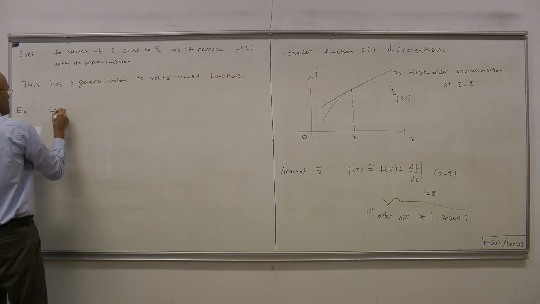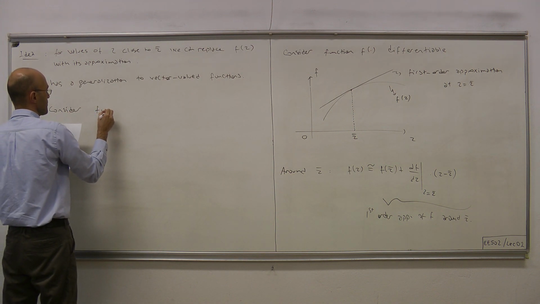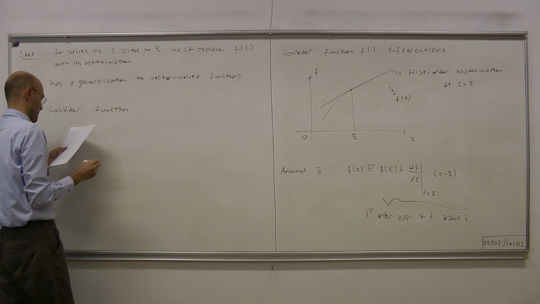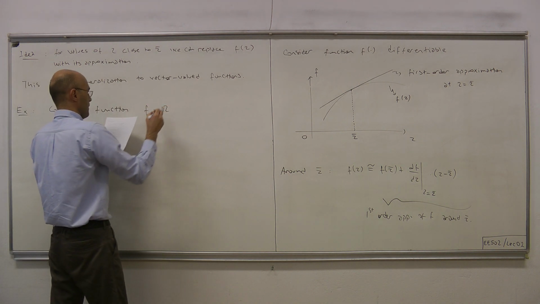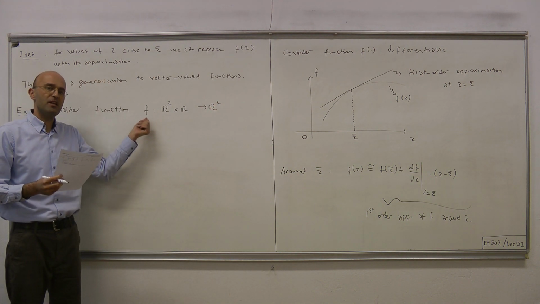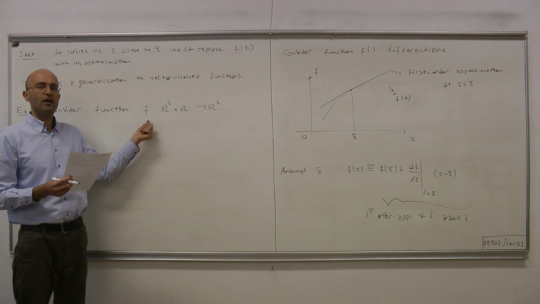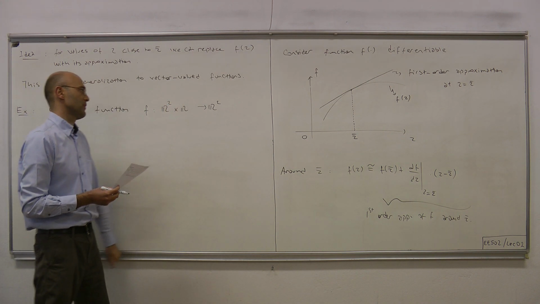That is, consider this time a function f that's from R2 times R to R2, for instance, which may appear as the right hand side of a second order system with a single input.